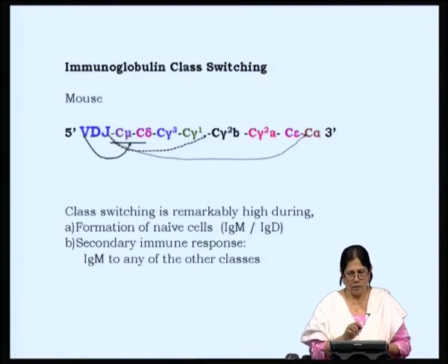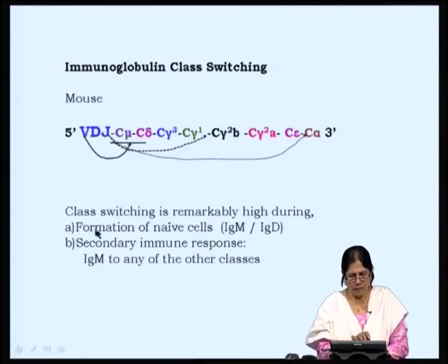Immunoglobulin class switching is very high during the naive cell generation. Remember, in the ontogeny of B cell, IgM is the first receptor that gets surface expressed. Now, by alternate splicing, IgD is also simultaneously expressed.